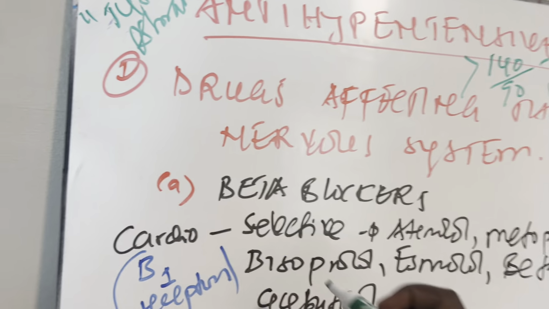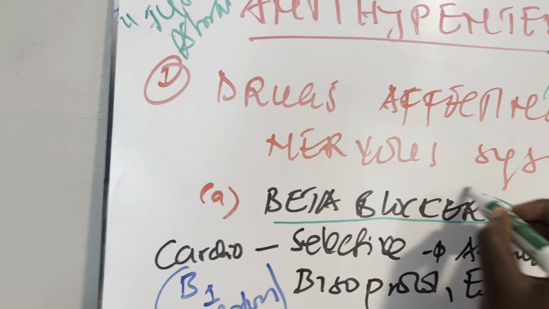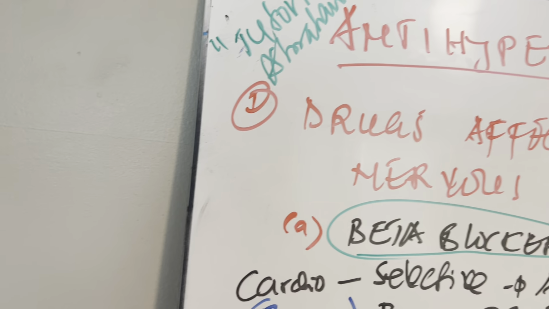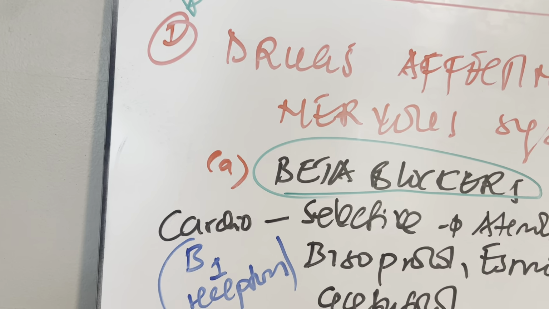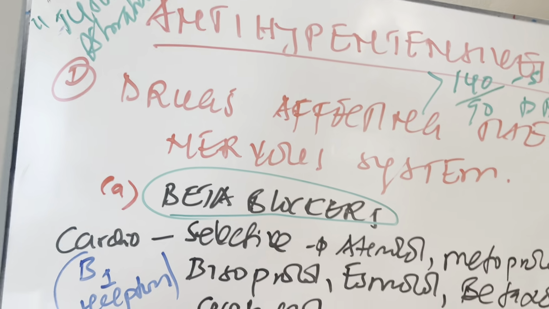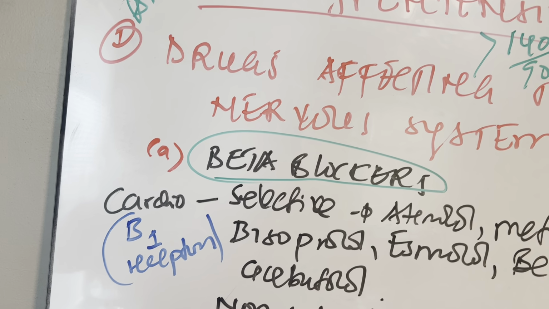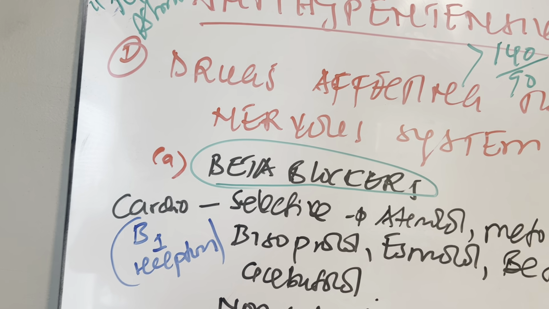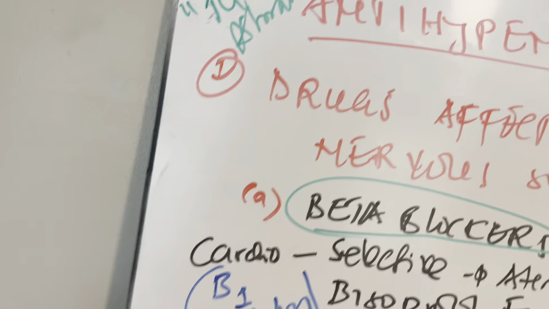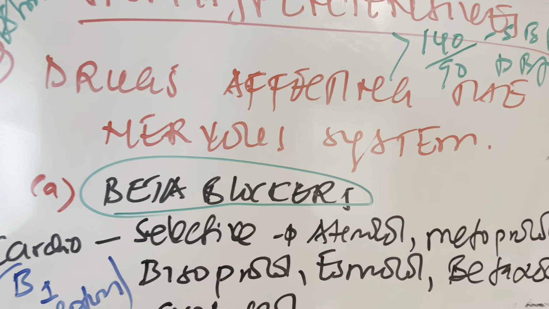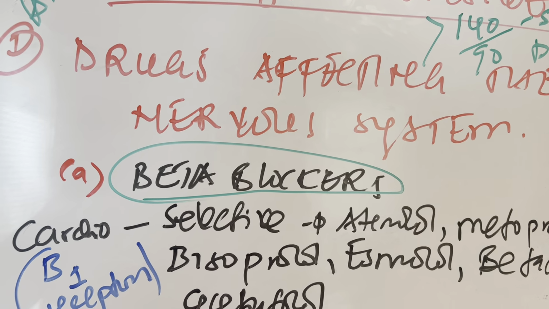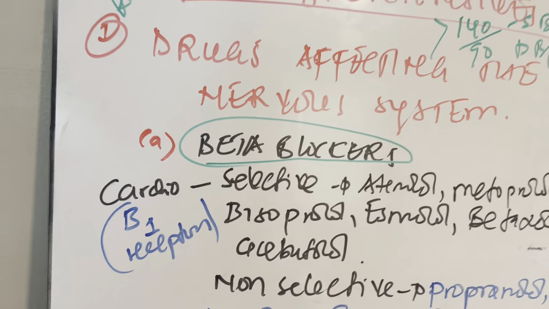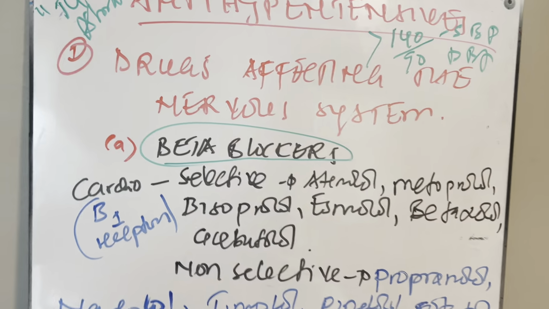So I have beta blockers. They block the beta receptors. How do they work? They block beta adrenergic receptors, reducing heart rate and contractility. I won't go into the detailed mechanism of action because I'm more interested in the clinical aspects.